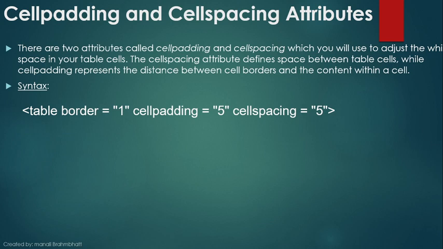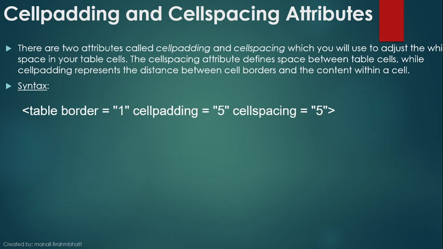There are two attributes called cell padding and cell spacing, which you will use to adjust the space in your table cells, right? So if you want to add the space between the cells and within a cell, I mean the space between the content and the cell, you can use these two attributes.